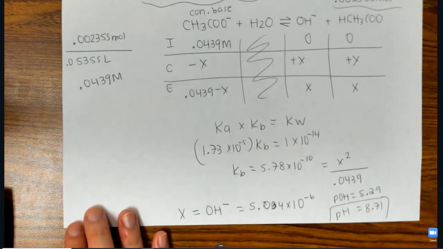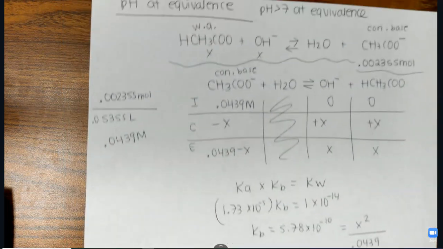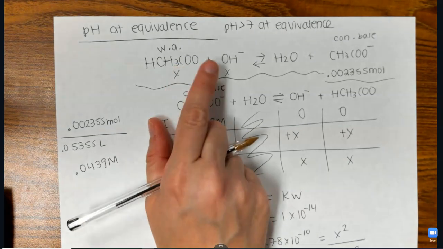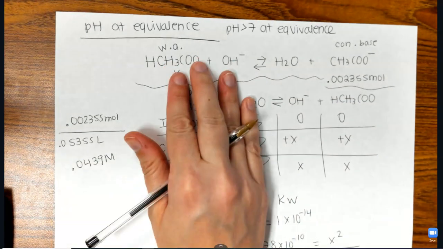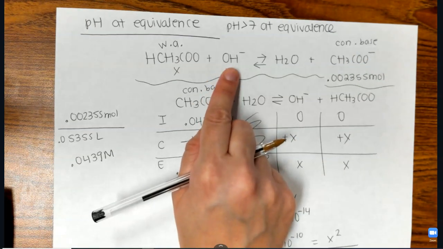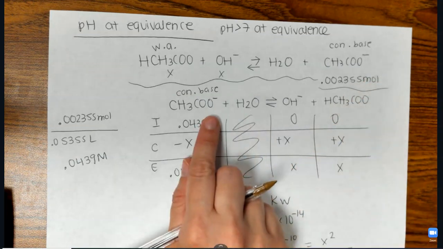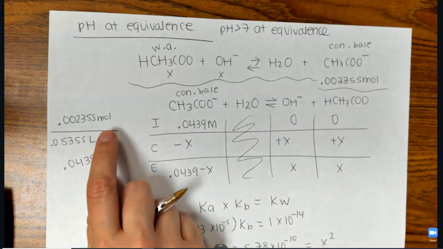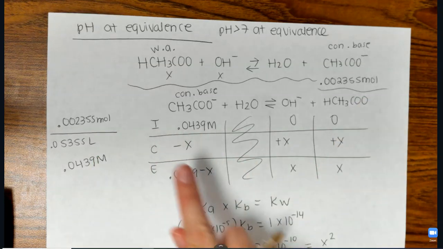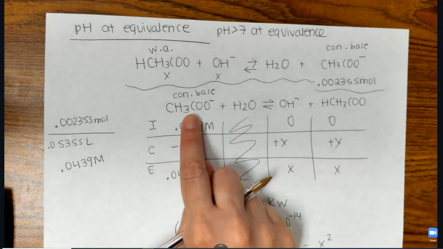So that's how you find pH for the equivalence point of a weak acid, a strong base. You pretend that all of this, not pretend, all of this was neutralized. And the amount of moles of base you added to neutralize is how many moles of conjugate base you made. You find the molarity of your conjugate base by dividing it by the total volume. Set it into an ice table to figure out how much OH gets made from the conjugate base.